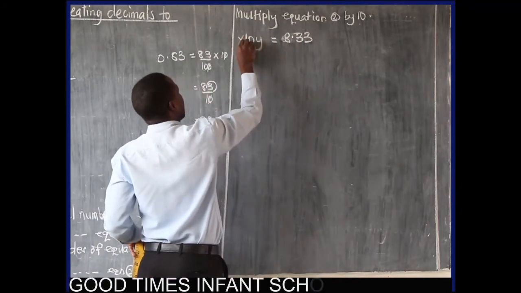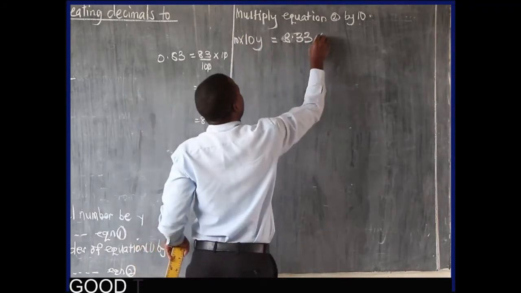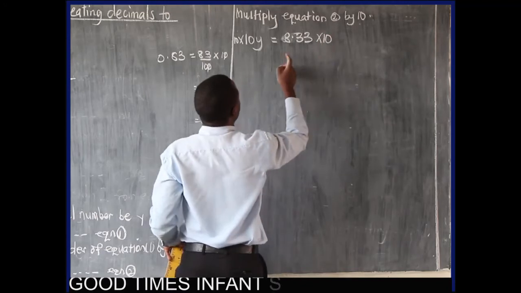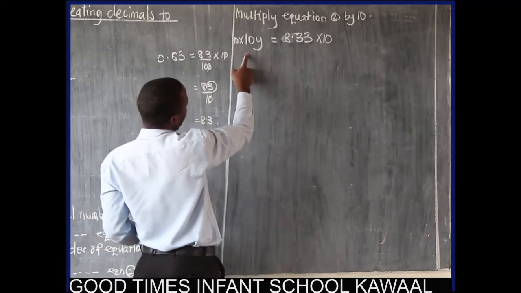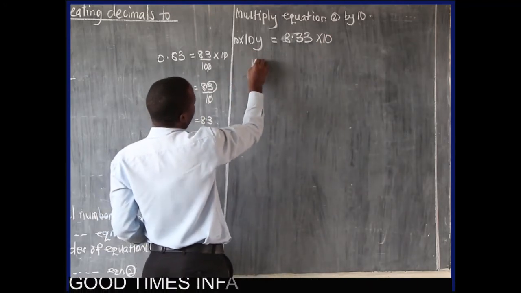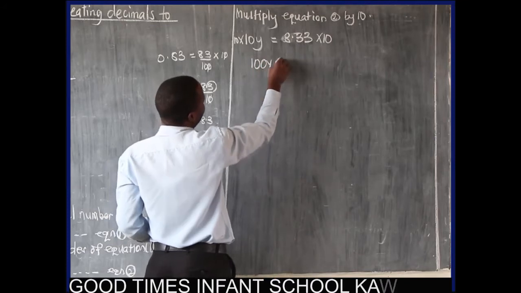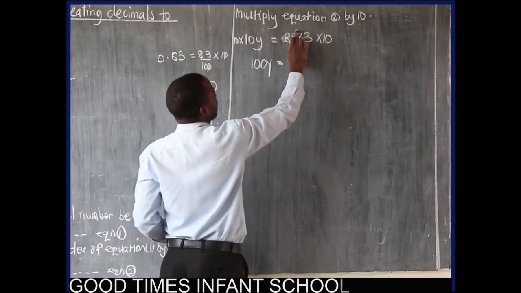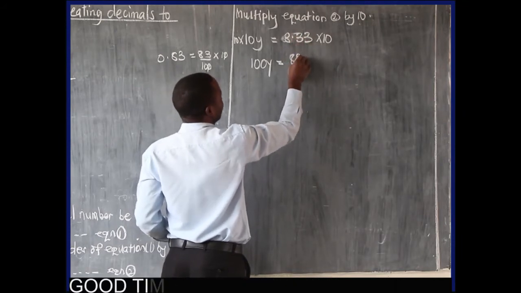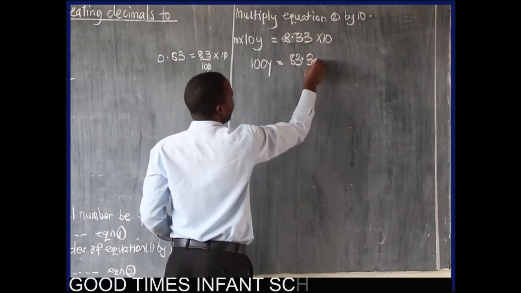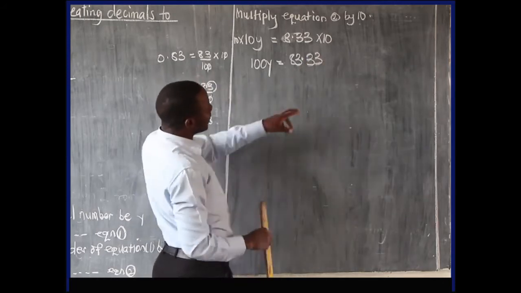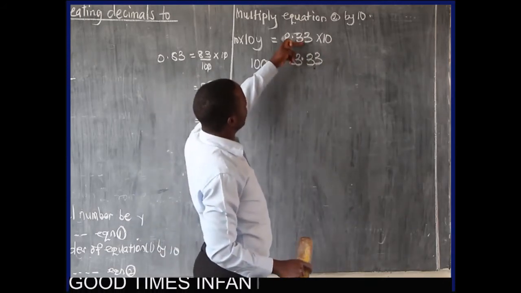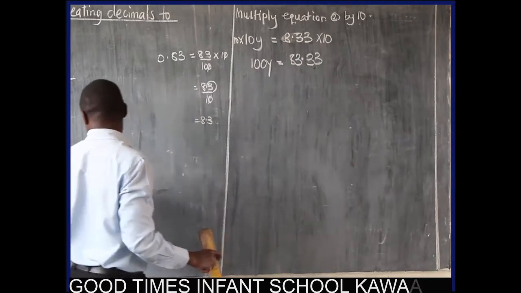When you multiply by 10 on both sides, it will give us another equation. This one we shall get 100y. Now this 10 will take back the decimal point, so it will give us 83.33. I'm bringing another 3 to keep my 2 decimal places, which I had from the start.